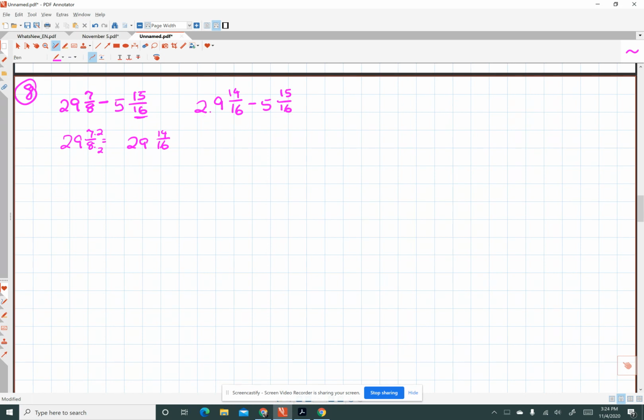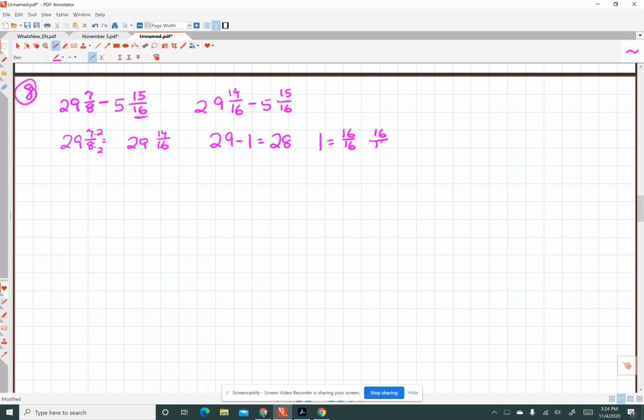I can take 5 from 29, but I cannot take 15 from 14. So I'm going to borrow 1 from the 29 to make it 28, and the 1 that I borrowed equals 16 over 16.